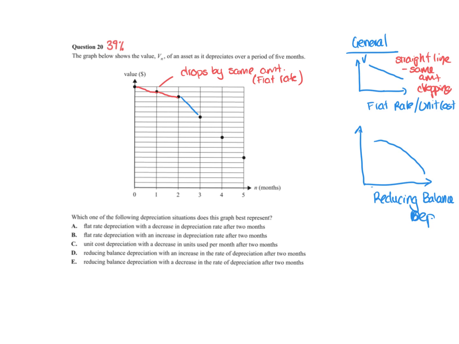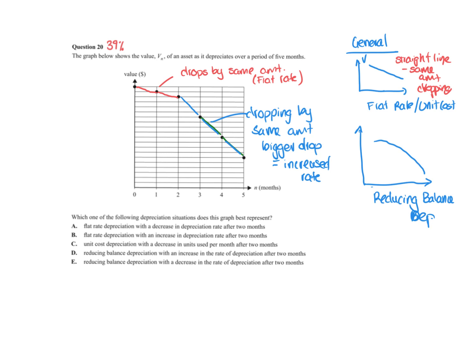Here it drops by 4, and every time it's dropping by 4 now. So this is still dropping by the same amount, but it's a bigger drop, which means an increased rate. It means it's going down by an increased rate.